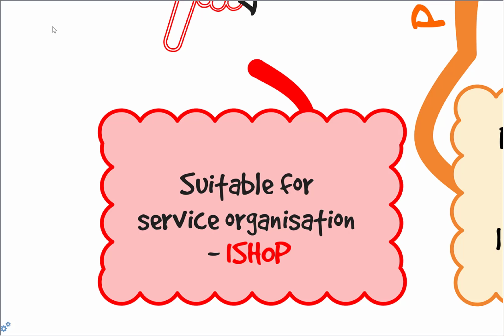The next one is heterogeneity. Now, heterogeneity is due to the use of labor. Because of the use of labor, we find that we cannot expect consistency and similarity from one service to the other.